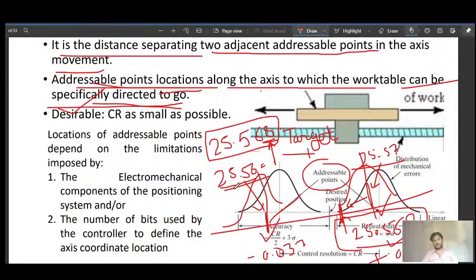If you are directed to go to 25.56 and it crosses and stops here, that is a positive error, and if you are directed to 25.57 and it stops before 25.57, that is a negative error, meaning below the target point. So the maximum error is given by the difference between the desired and addressable points.